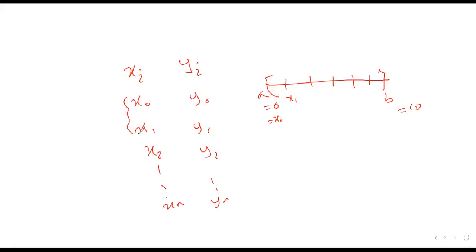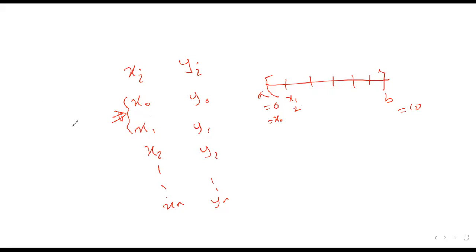Can you tell me the difference between these two values? For example, let's say x naught is equal to 0 and x1 is equal to, say, 2. How can we write this generally? Yes, good, this is correct.